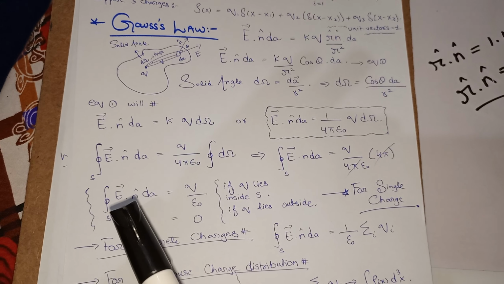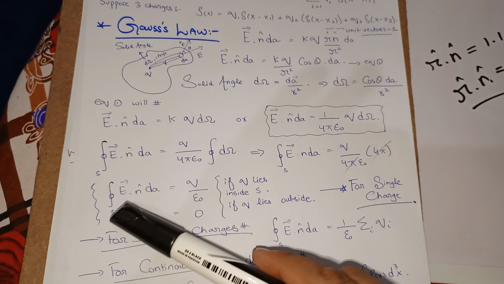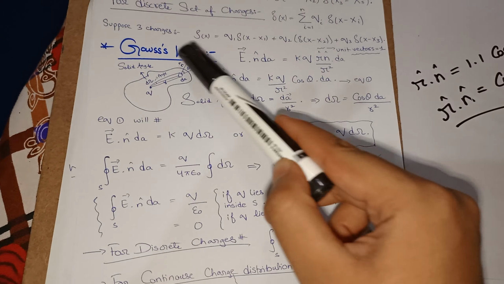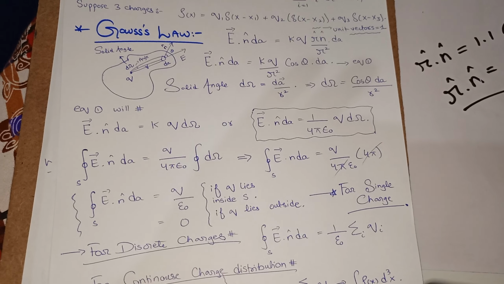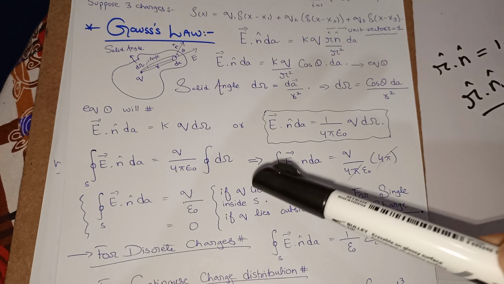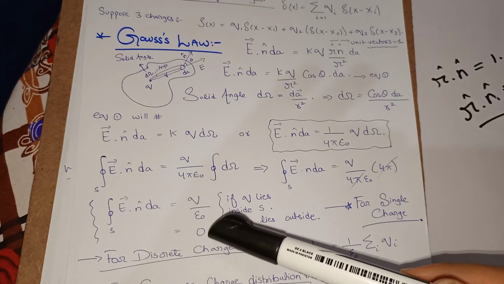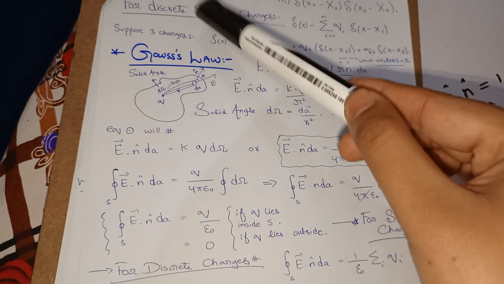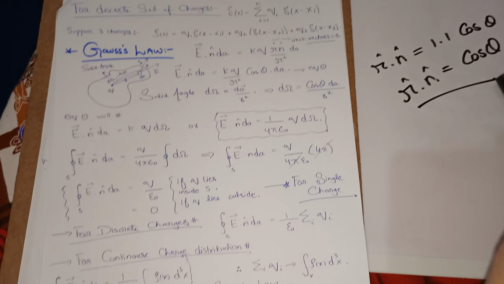If you take the whole surface integral over the whole sphere, it has a distribution of charge per epsilon naught. But that is the case where the charge is inside the sphere. If the charge is not inside the sphere, it is outside, anywhere, then the charge distribution is zero.